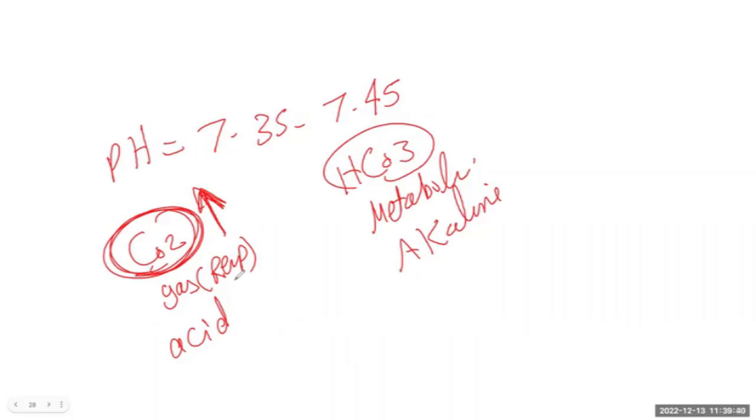What if a patient did excessive frequent breathing, so did washing of carbon dioxide, what will happen? Respiratory alkalosis. Why? Removed carbon dioxide from the body with repeated frequent breathing. Carbon dioxide is removed.